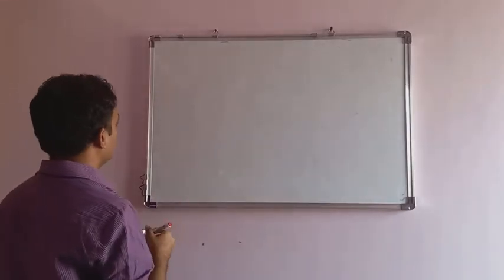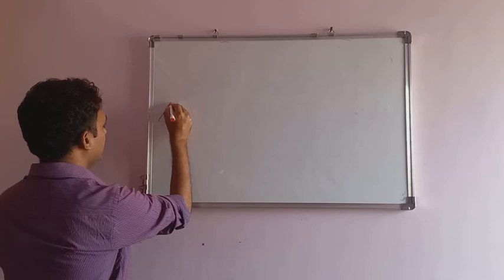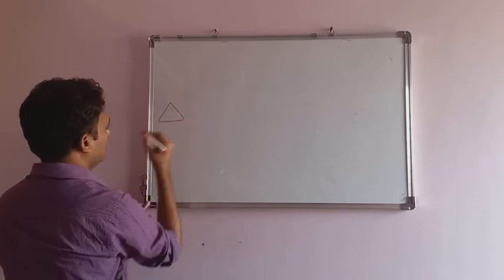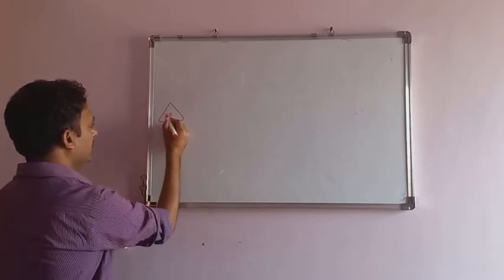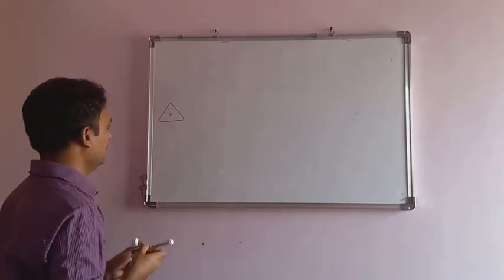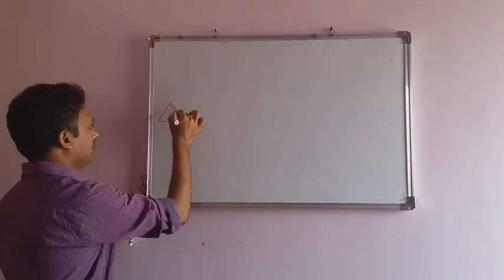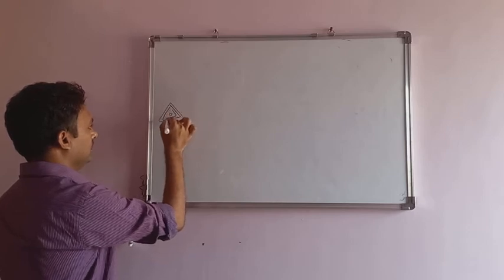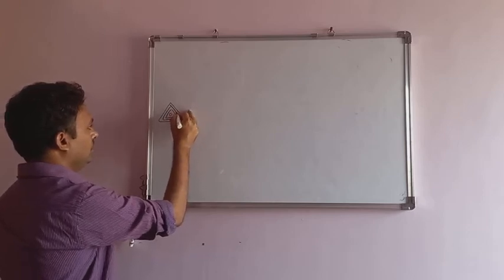What we did is, this is the adrenal gland. This is the medulla. It has 3 layers: layer number 1, 2 and 3.